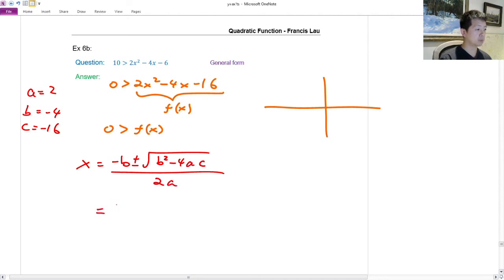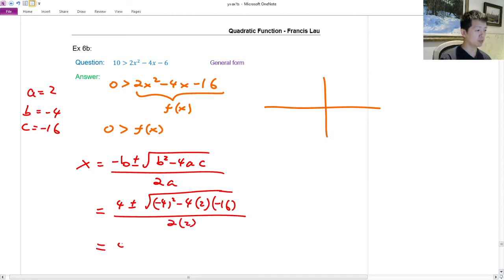So replace the b, so I'll get 4 plus or minus, if I plug it in, the square root of minus 4 squared minus 4 times 2 times minus 16. This is going to give me over 2 times 2, which is 4, plus or minus the square root of 144 over 4.